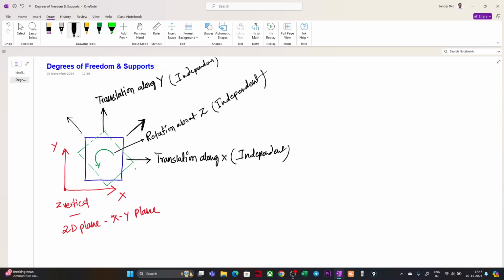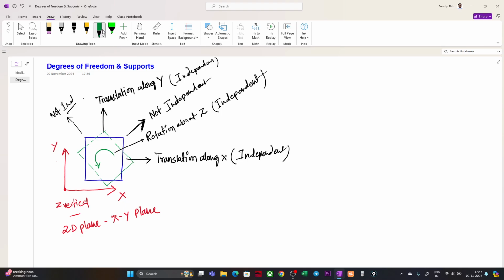But these other directions are not independent.